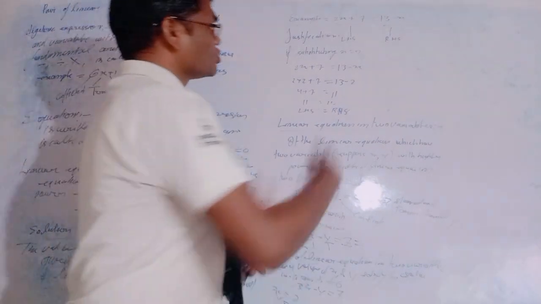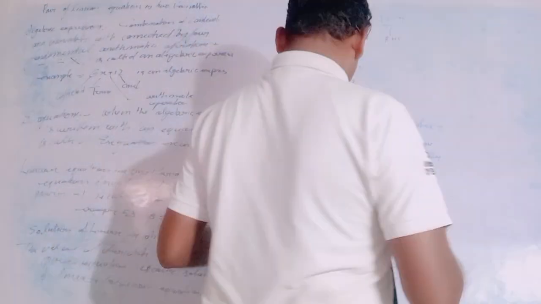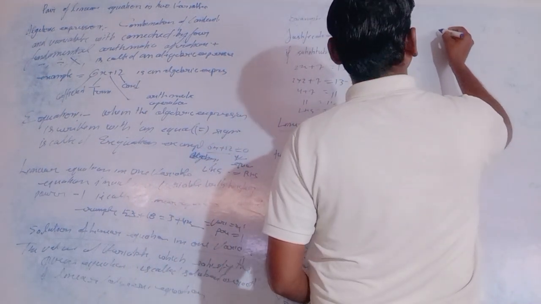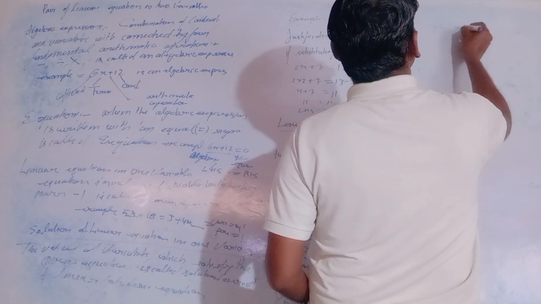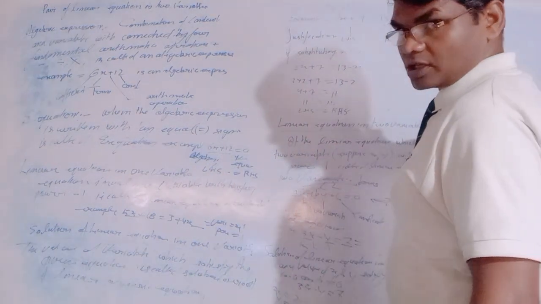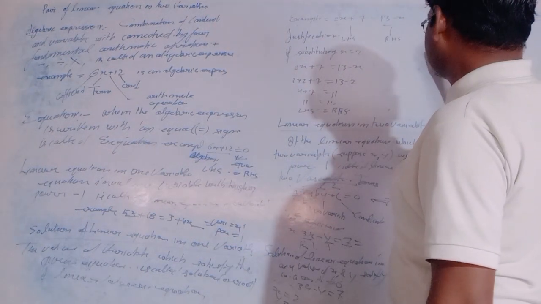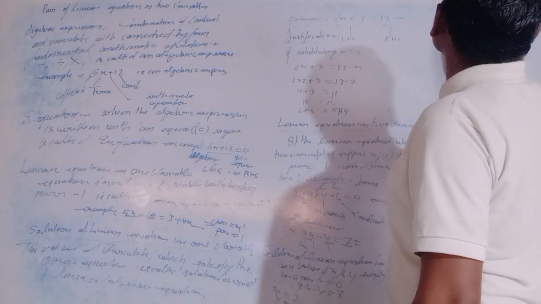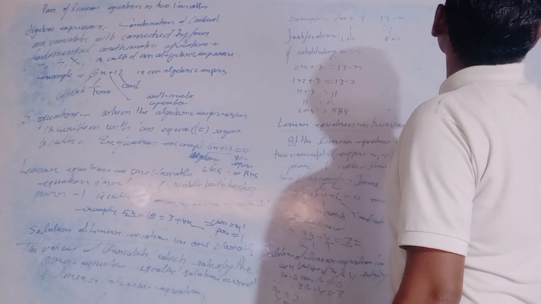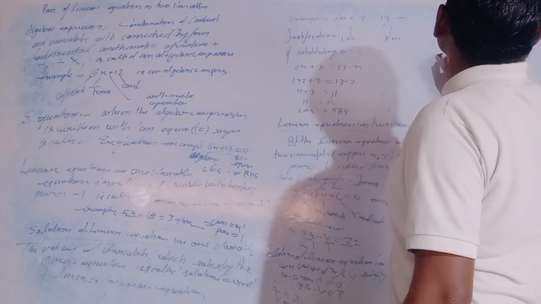Let's start and try to satisfy this. It is given here: 3x minus y is equal to 7. So we write 3 multiplied by the x value, which is 2, minus the y value, which is minus 2, should always be 7. 3 times 2 is 6.